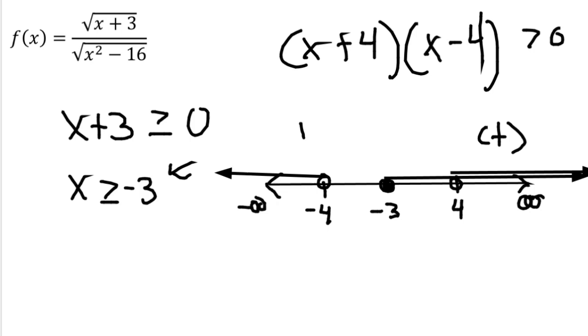But in this case, we're not going to include negative infinity to -4. Since we have a negative region here in between -3 and 4, we're not going to include it too.